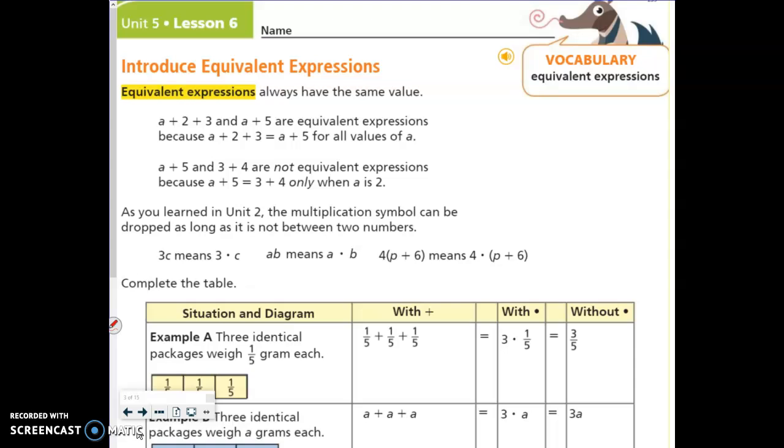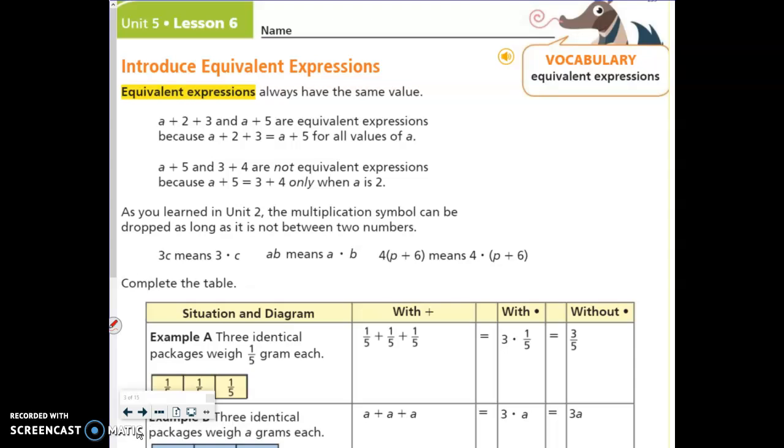What we're focusing on here is looking for ways to either combine and make something simpler or easier to work with, or expand it and stretch it out to give us a better idea of what we're dealing with. Just keep in mind that we are writing the same information in different ways, but it has to be equal to the original value.